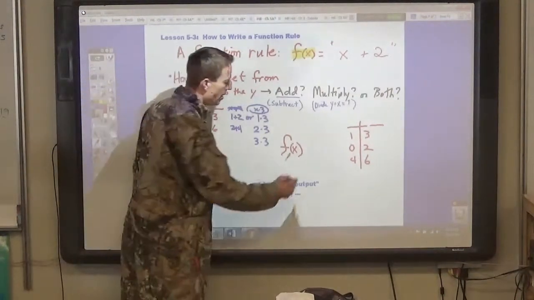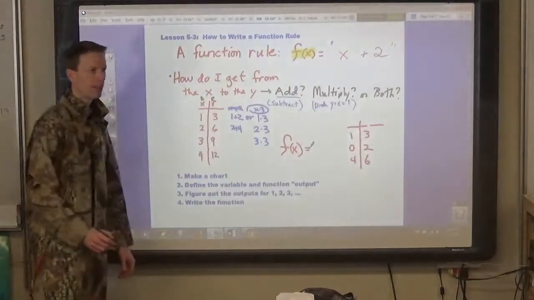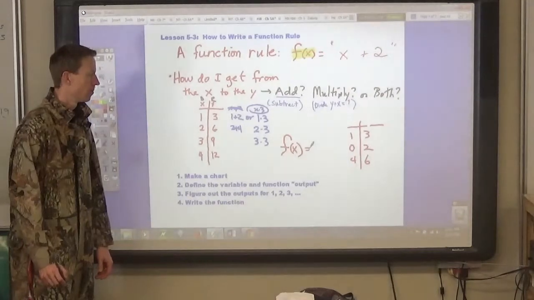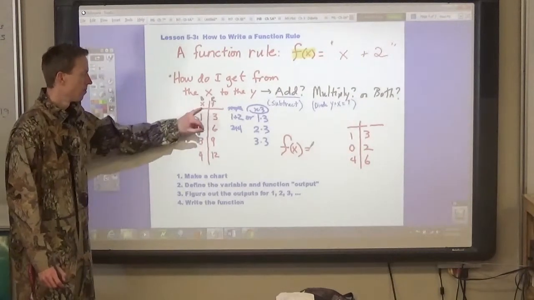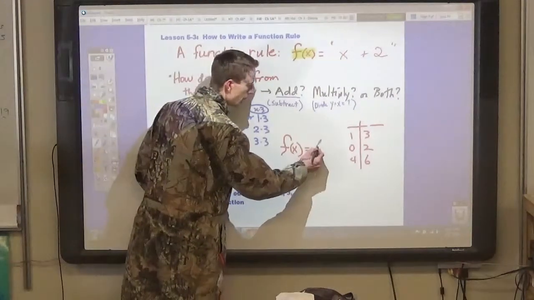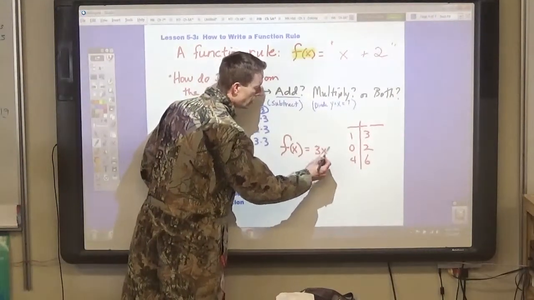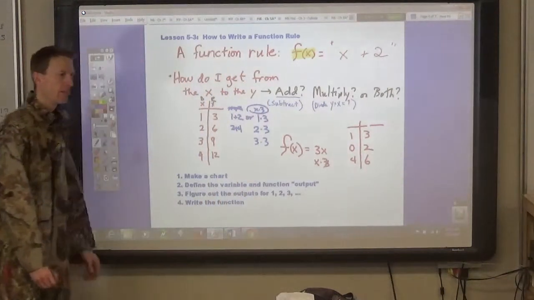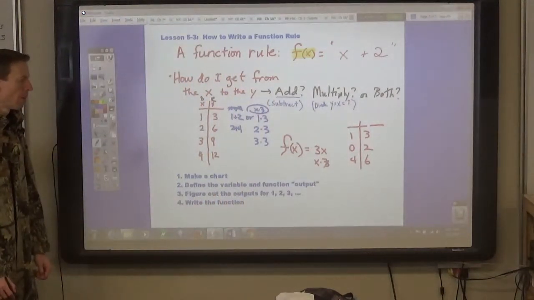F of x equals what? What's the rule then, Bailey? The rule would be x times 3. Yep, 3x or x times 3. You can write it either way. Does that make sense?